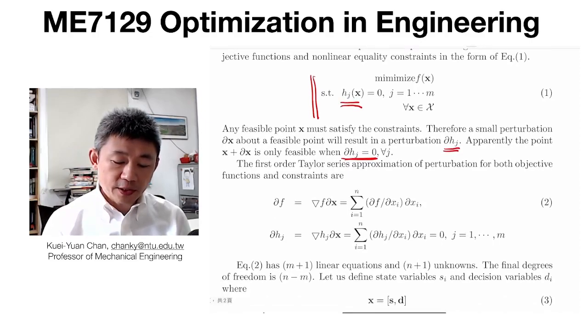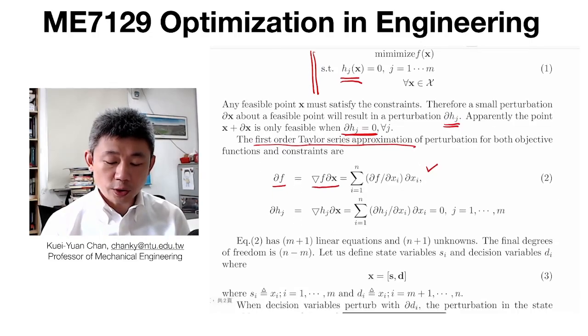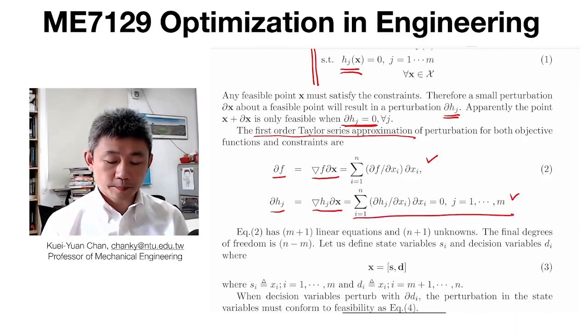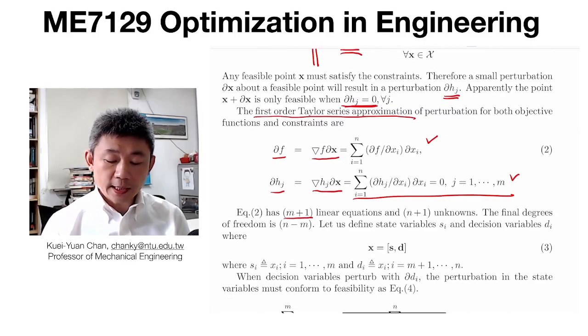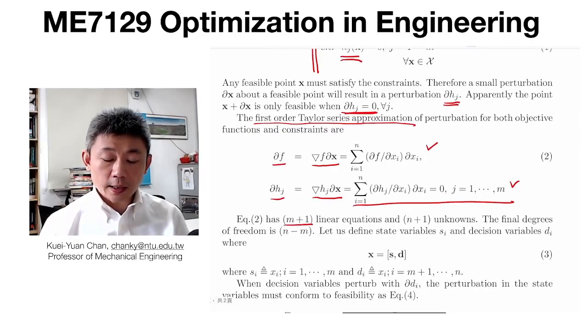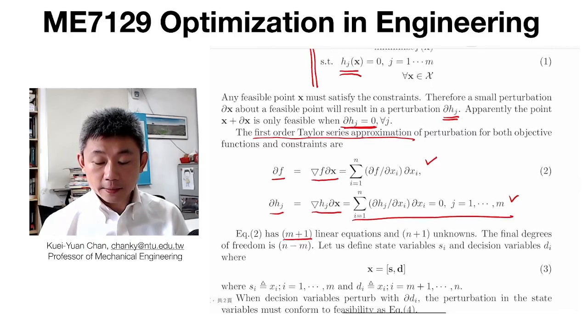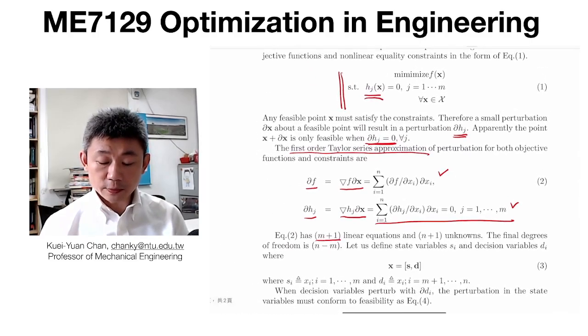So we have the first order Taylor series expansion, where ∂f is the gradient of f times ∂x, denoted as equation 2, and ∂h_j is the gradient of h_j times ∂x, denoted as this one. Therefore, we have n plus 1 nonlinear equations. And how many unknowns do we have? Well, we have n plus 1 unknowns.